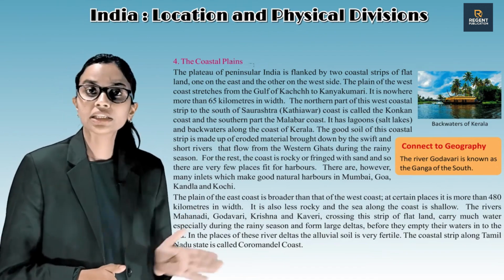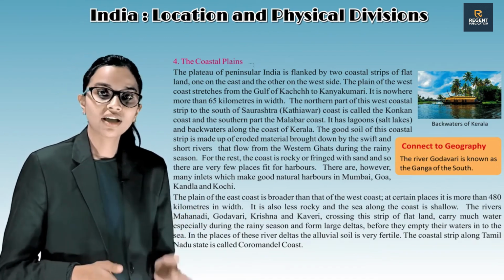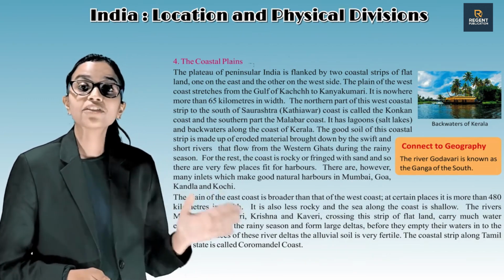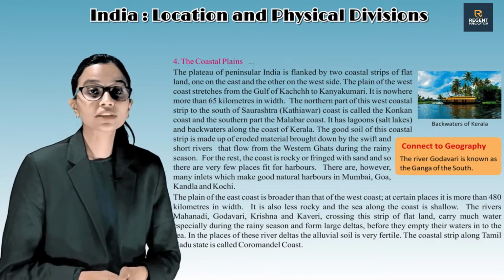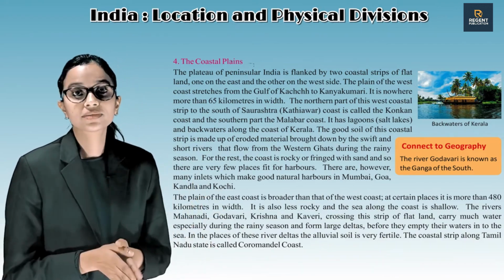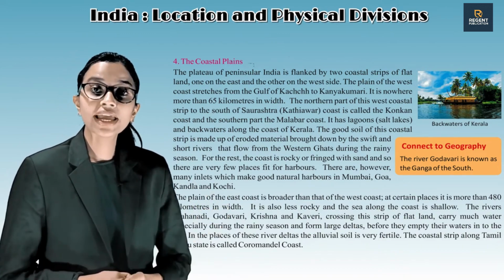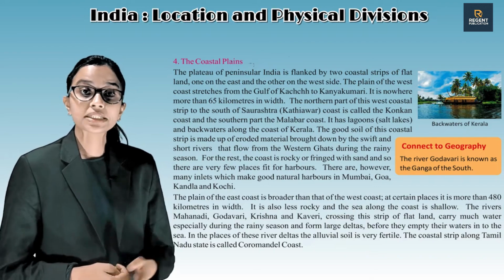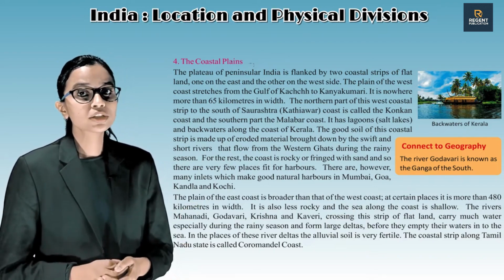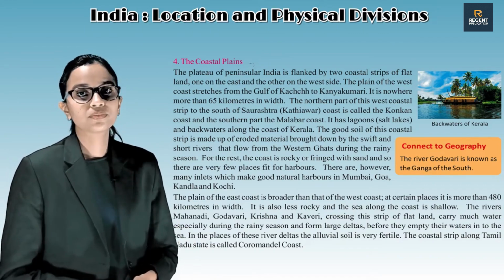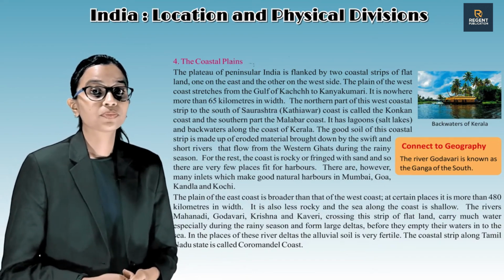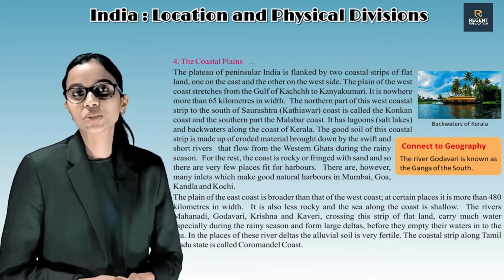The rivers Mahanadi, Godavari, Krishna and Kaveri crossing this strip of flat land carry much water, especially during the rainy season, and form large deltas. Before they empty their water into the sea, in the places of these river deltas, the alluvial soil is very fertile. The coastal strip along Tamil Nadu state is called Coromandel Coast.